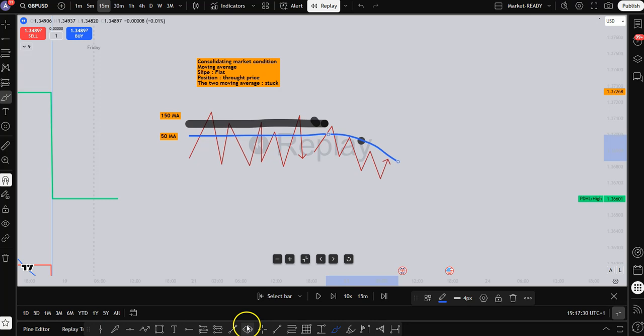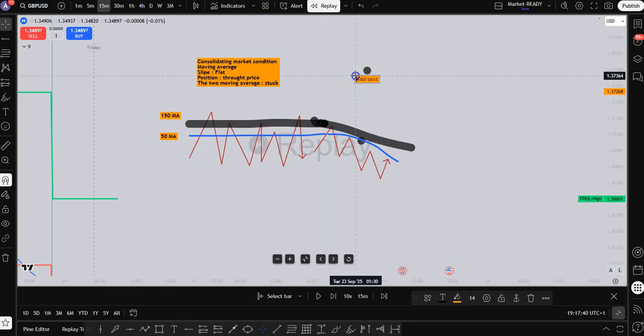Three things happen actually. The moving averages, the slope. We start to have an average slope like 30 degrees, for example.